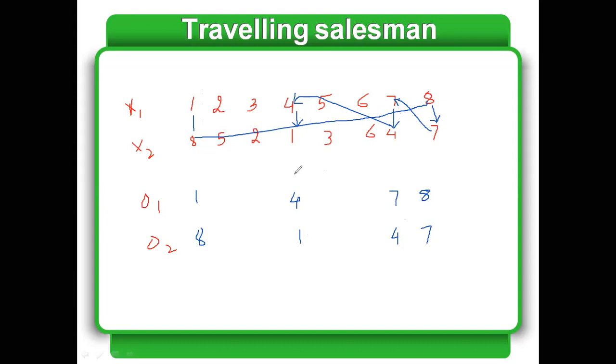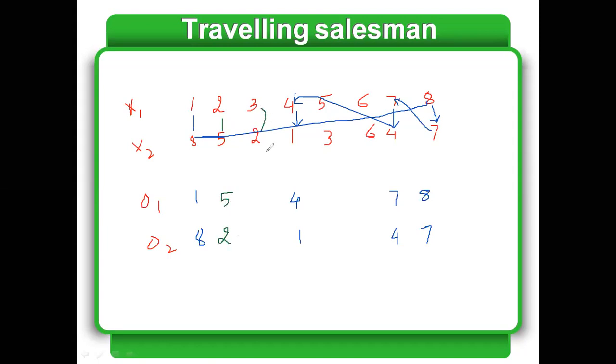Now these positions which have been fixed in both are going to stay fixed. Beyond that, all the rest of the positions can be swapped between the two parents. So these 5 and 2 can be swapped: 5 goes here, 2 comes here.